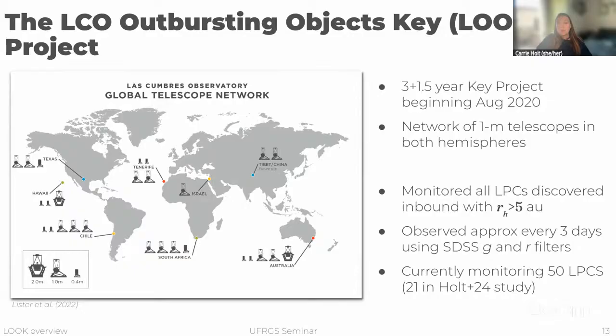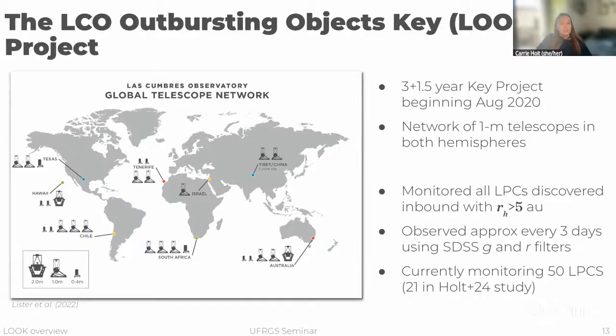Currently we're monitoring around 50 long period comets, which, depending on what type of science you do, seems like a very small sample, but for comets this is very large, and it's been accumulated over, at this point, 6 years. So you can imagine it's been a long process to even get this many.